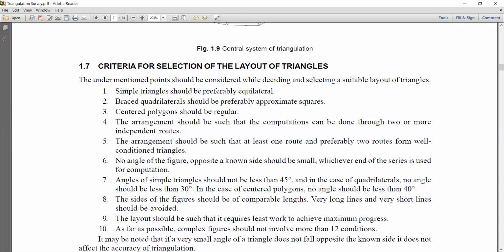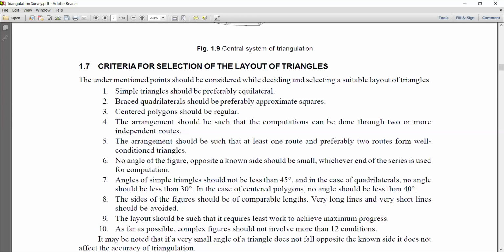If it is less than 45 degrees, it makes a small triangle, so it should be more than 45 degrees. In the case of a quadrilateral, the angle between two sides should not be less than 30 degrees. In the case of a polygon, it should be more than 40 degrees.